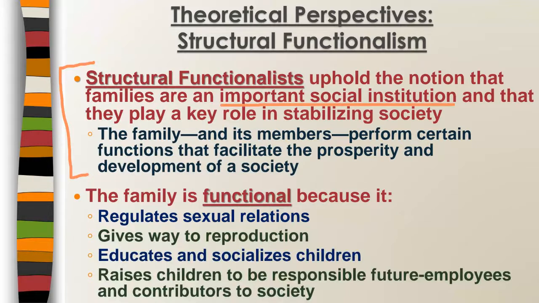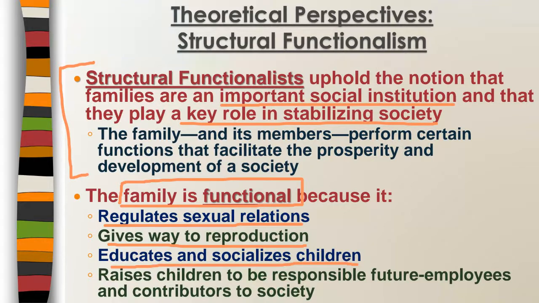They play a key role in stabilizing society, and so the family and its members have to perform certain functions that facilitate the prosperity and development of society. They view the family as functional because it regulates our sexual relationships, gives way to reproduction for some, educates and socializes children, that's a big one, and raises children to be responsible future employees and contributors to society.